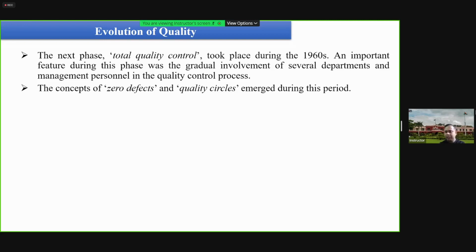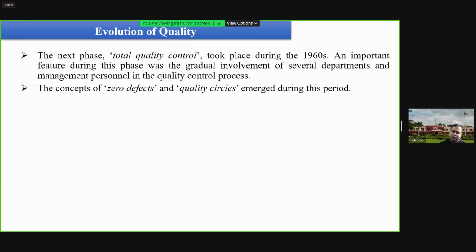They will meet once a week or once a fortnight and discuss what quality related issues we are facing, what the probable causes are, and what the possible solutions can be. These concepts are still being followed by organizations, especially manufacturing organizations. They still have quality circles or quality teams who meet and ponder upon the possible causes and solutions for the defects they are facing.